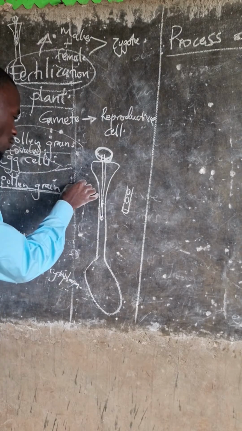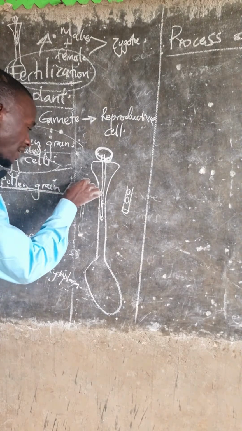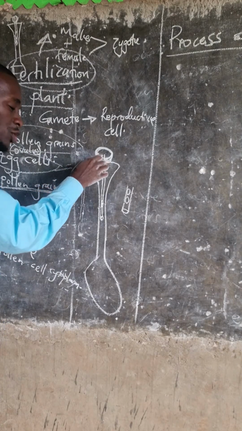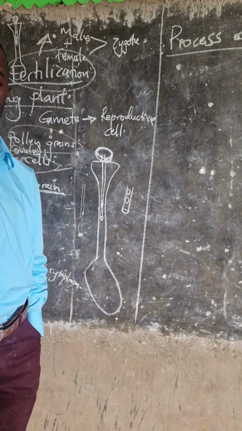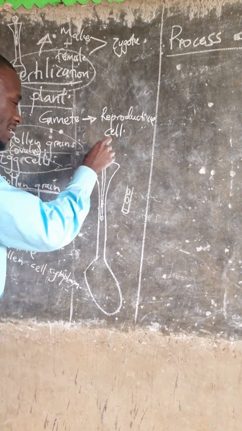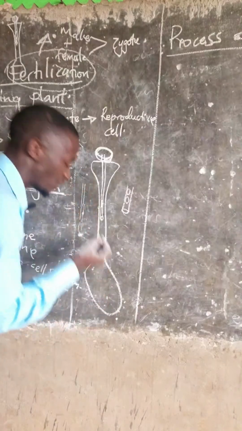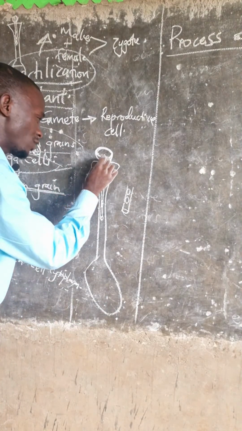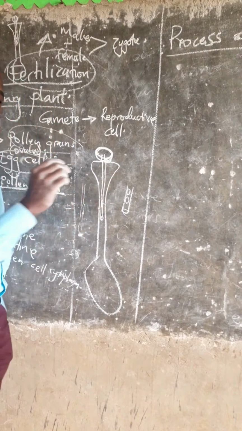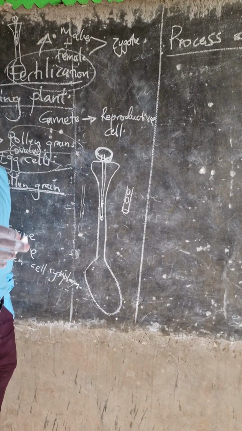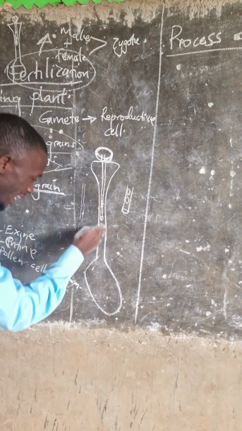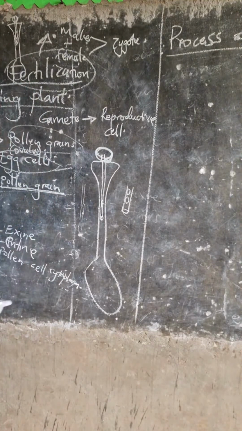The pollen tube is also related to that, but this time it is the pollen grain that is germinating, forming a tube like a straw that carries the male nuclei to the ovules in the ovary. So the pollen tube is that tube that carries the male nuclei to the ovules. It grows down in the style towards the ovules in the ovary.